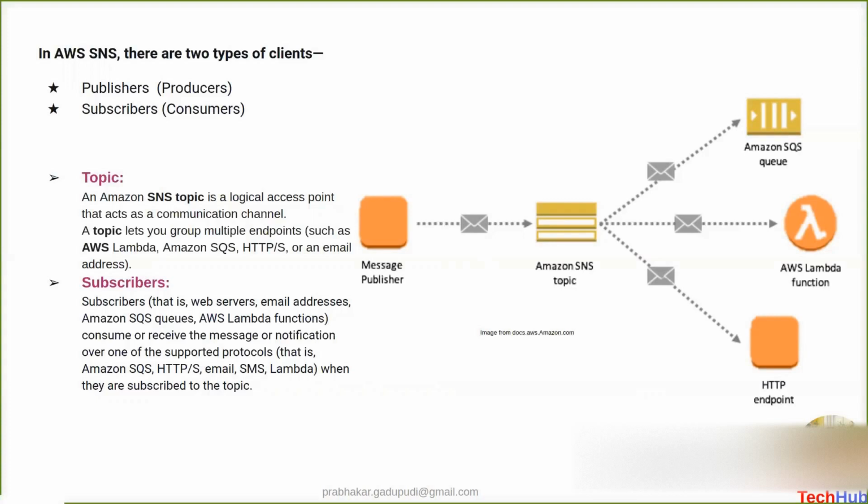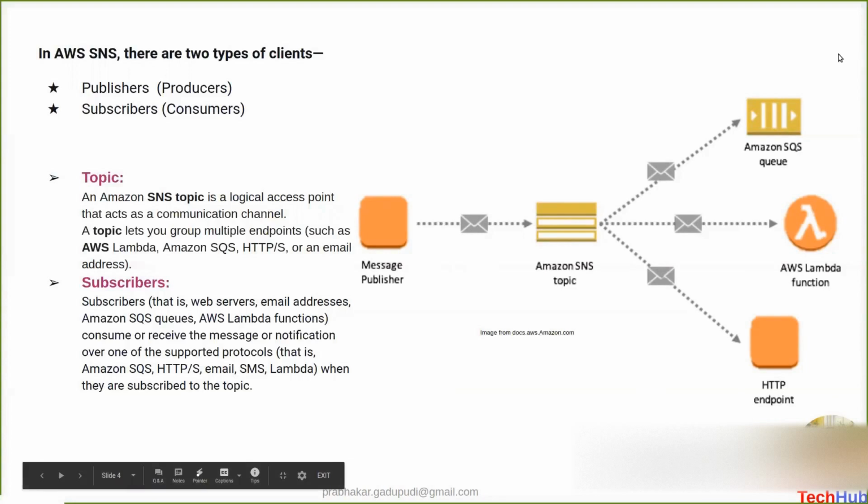As soon as I place the request, it automatically sends a notification saying you have successfully placed the request. As soon as my item is packed, it sends another notification. As soon as my item is dispatched, again it sends another notification. Once I receive the product, it sends another notification saying your product is successfully received. So this is how it works. We can also add multiple subscribers here.